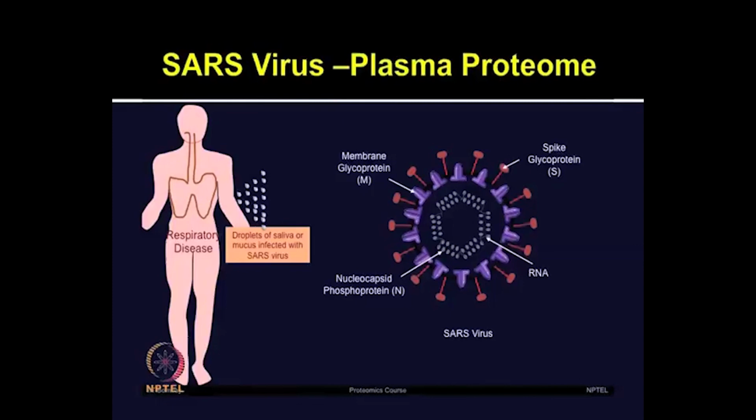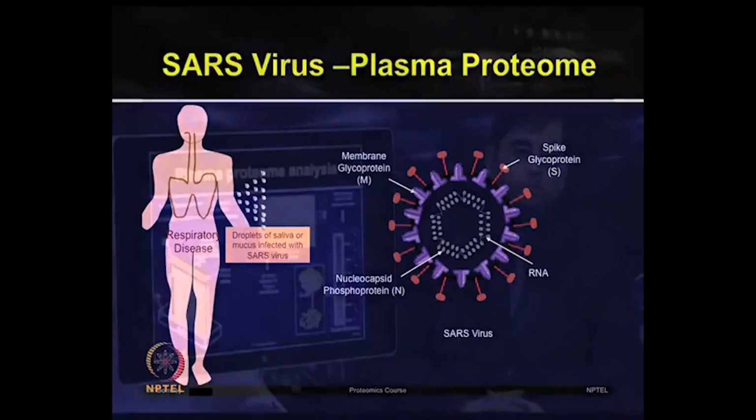However, the pathogenesis of SARS was not very clearly understood. Serum or plasma provides a very valuable sample to identify targets for diagnostics, prognostics and therapeutics. So, the authors used plasma samples for the analysis of proteomic alteration in SARS patients.